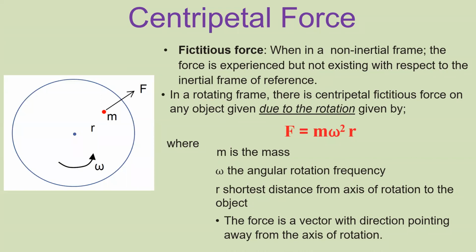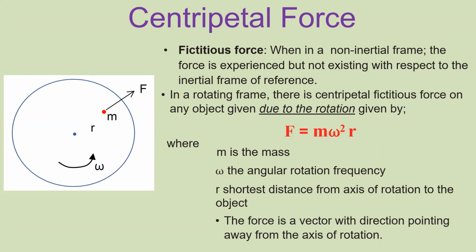I told you that both the centripetal and Coriolis forces are not existing or felt in an inertial frame of reference. In order to have centripetal force or Coriolis force, it should be rotating.